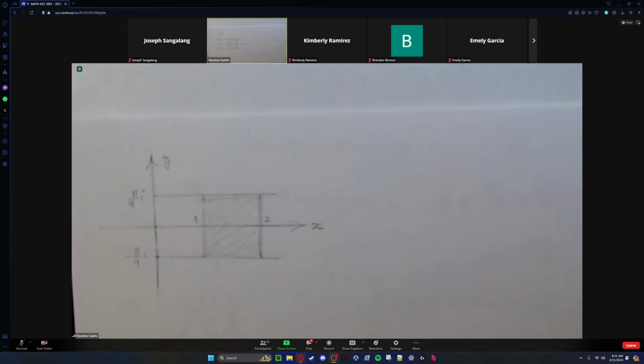The question is, and this is the type of question you are going to see in your problems and also definitely in your next test: what will be the image of this rectangular shape when you apply e to the z to it?